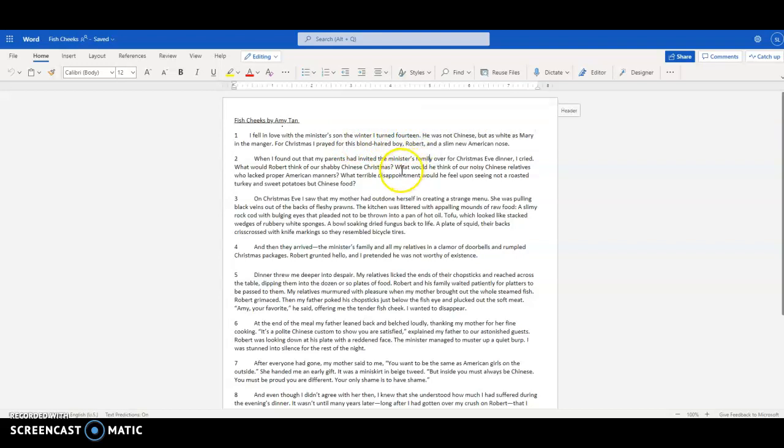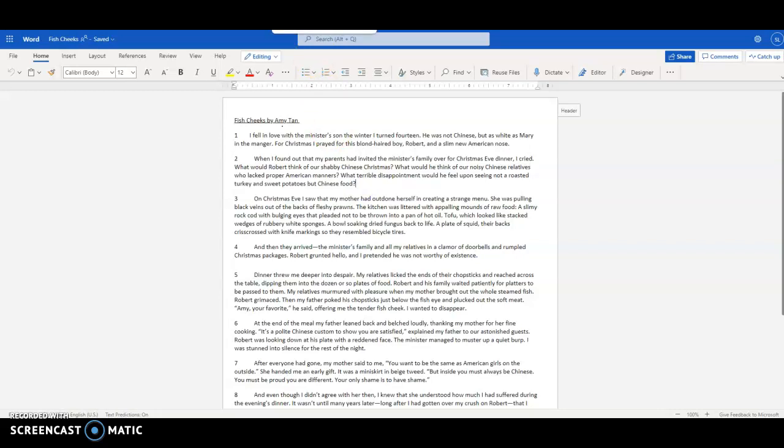And we also learned in the second paragraph that Amy's parents had invited the minister's family over for Christmas Eve dinner. And then we see that she was very, very upset that they were invited over, and she has all of these questions, like what would he think of our shabby Chinese Christmas? What would he think of our noisy Chinese relatives? And she has all of these questions that she's kind of stewing in her mind, okay?